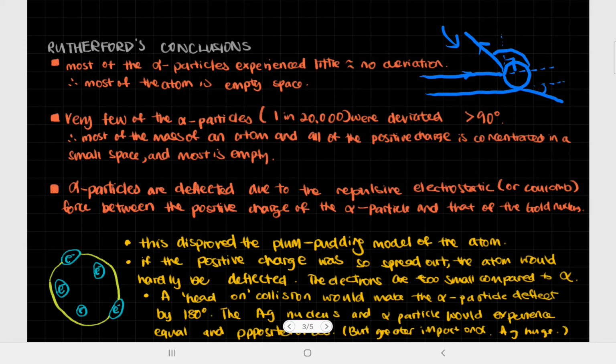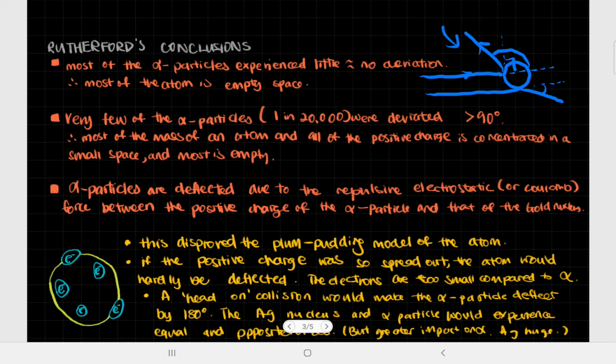So we can get why it was a small space, but why is it all of the positive charge? Well, that's because the positive charge needs to be really concentrated to have that big of an effect on the path of an alpha particle. If the positive charge was not concentrated, then it could not possibly have all of the force, the electrostatic repulsive force, to actually turn around an alpha particle in its tracks and make it deflect by that big of an angle.